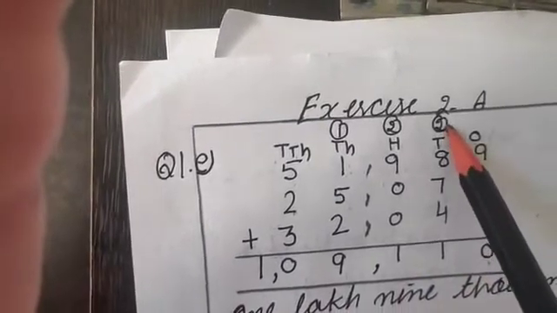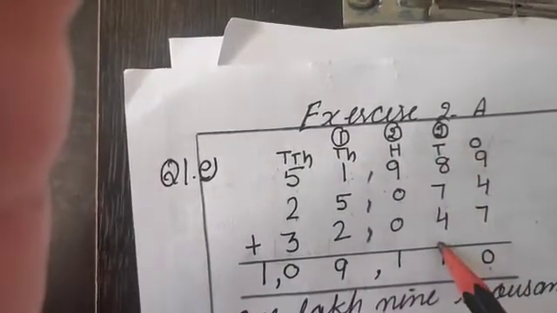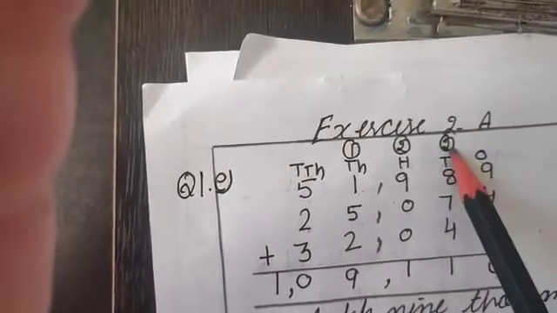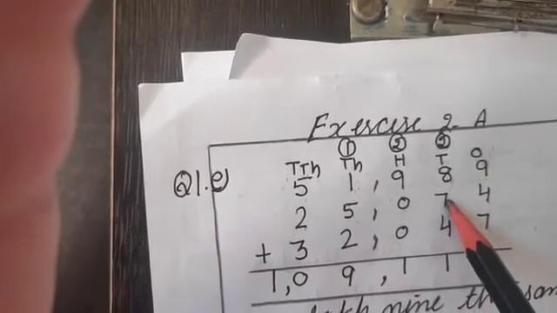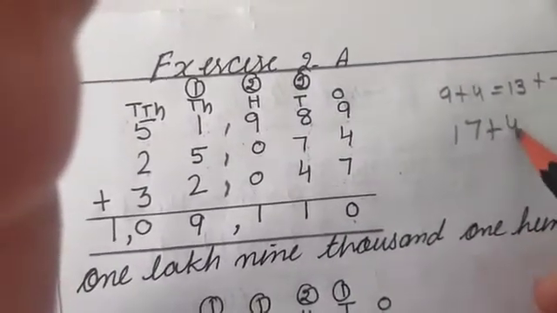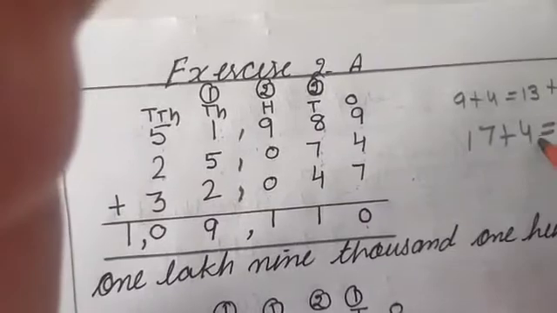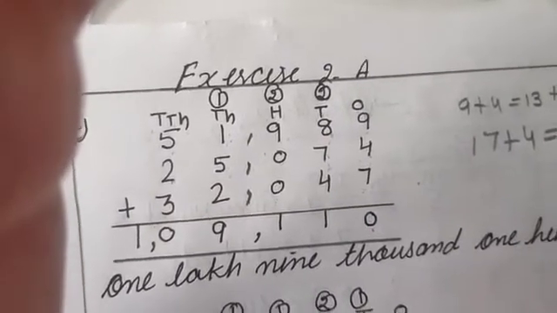So now I will add the tens place digits. 8 plus 2 carry, we carry this, 8 plus 2 is 10, 10 plus 7 is 17, 17 we will keep in mind and 4 we will count on our fingers. When we count this, 18, 19, 20, 21.